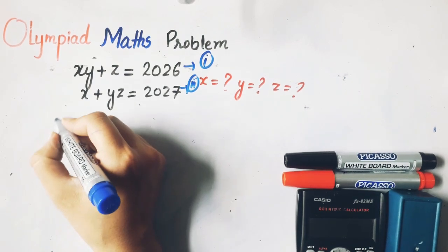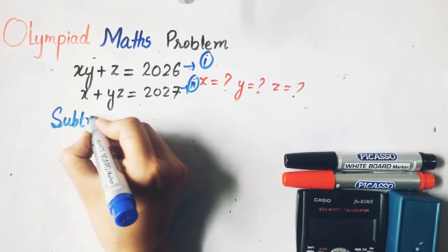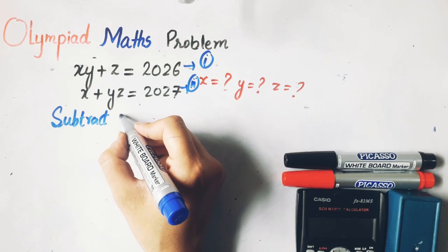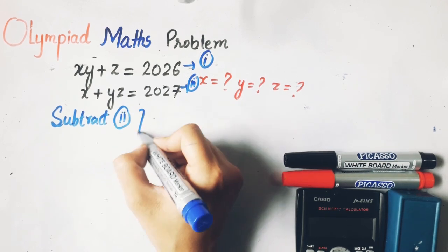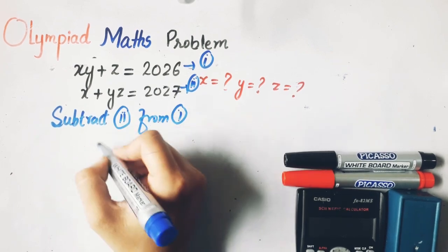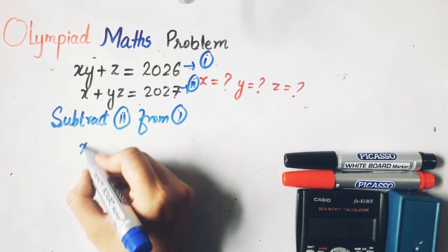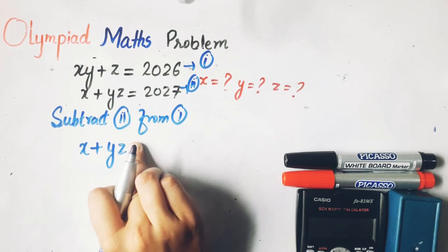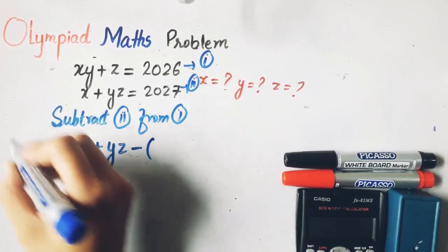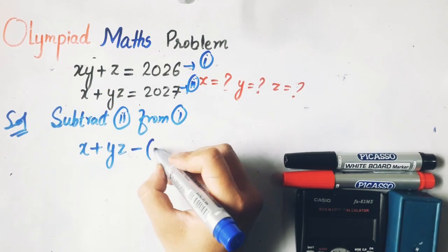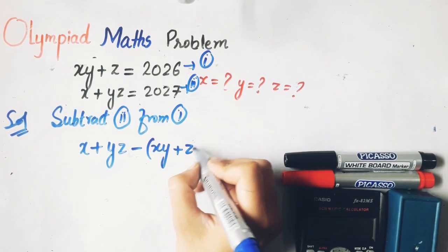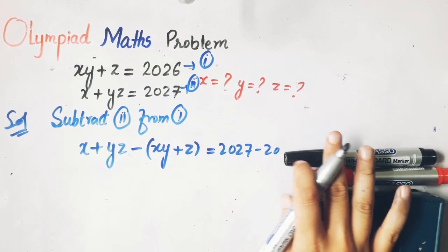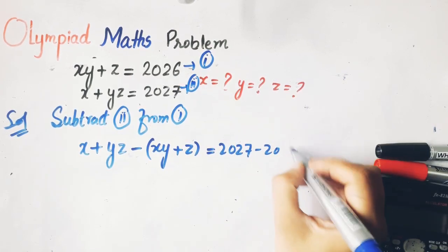So subtract 2 from 1. That means we will write x plus yz minus xy plus z equal 2027 minus 2026.